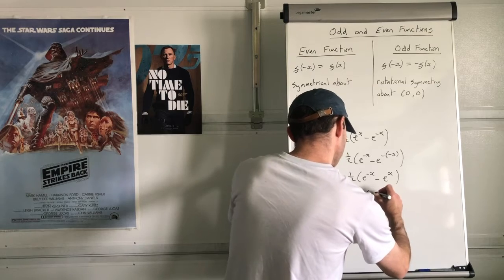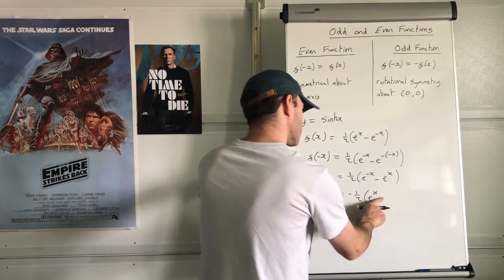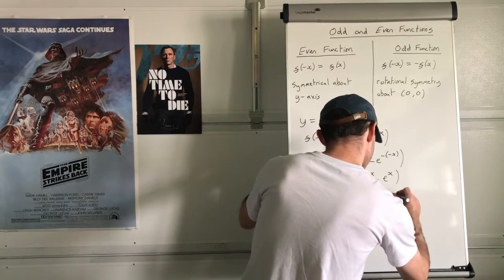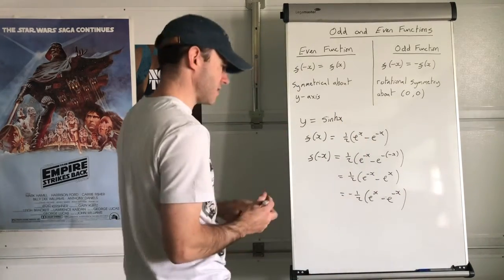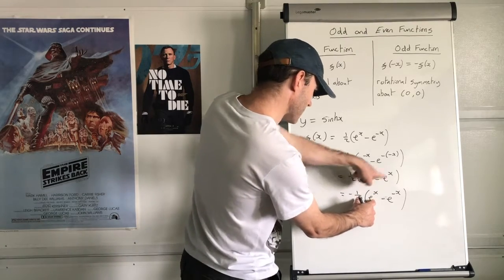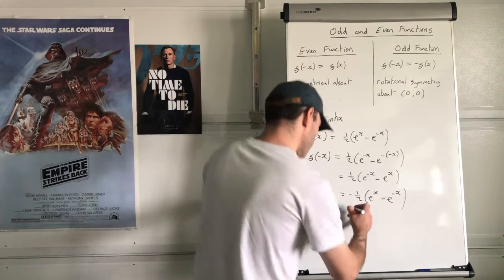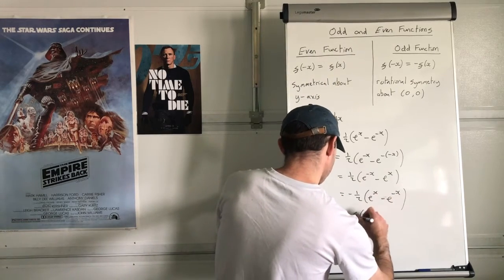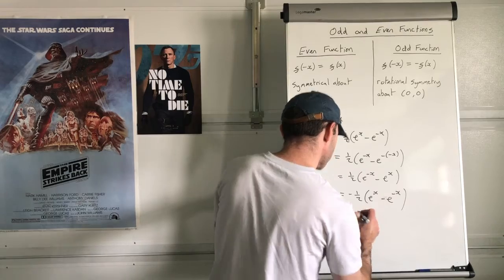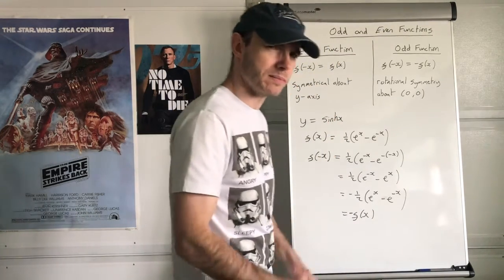That'll be e to the x subtract e to the negative x, and just check that that's the same, half e to the x, that's that bit there, and then the negative times negative is positive, okay, and then that's the same as f of x, oh no it's not, it's the same as negative f of x.